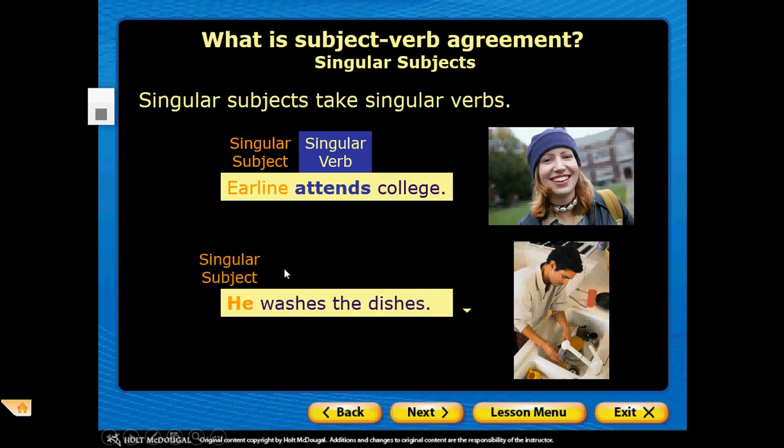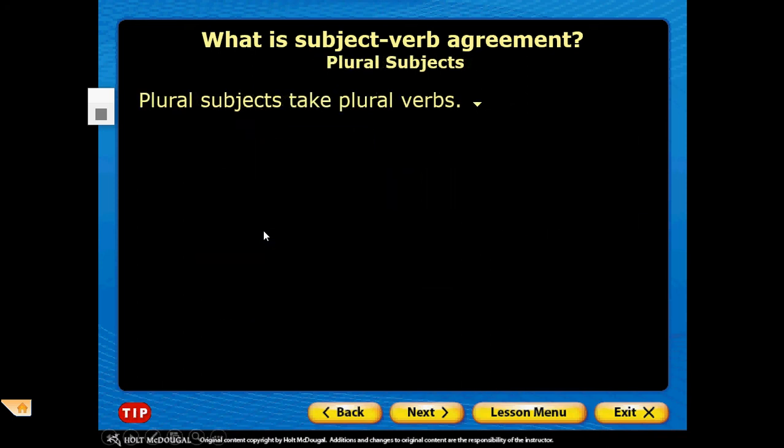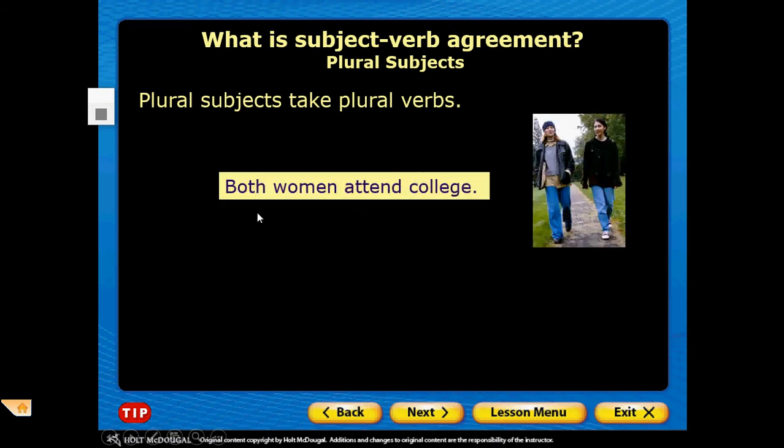Yes, very good. Okay. So, plural subjects take plural verbs. For example: Both women attend college. Who are we talking about here? Two women. So more than one. This is plural.